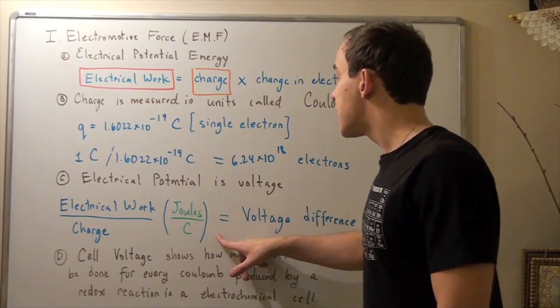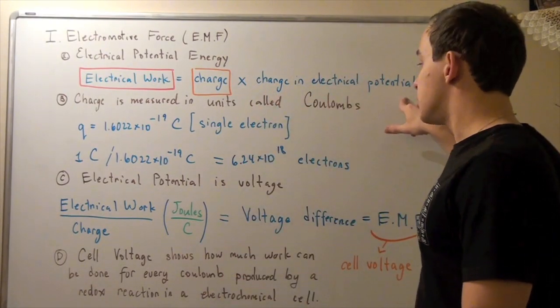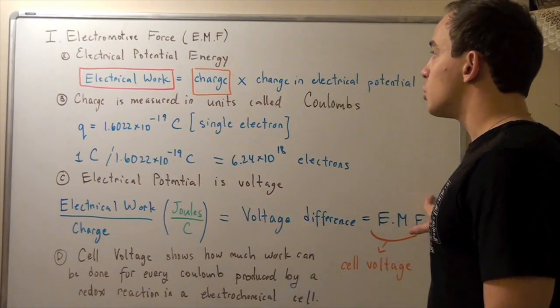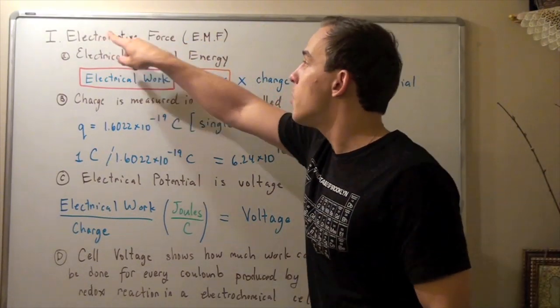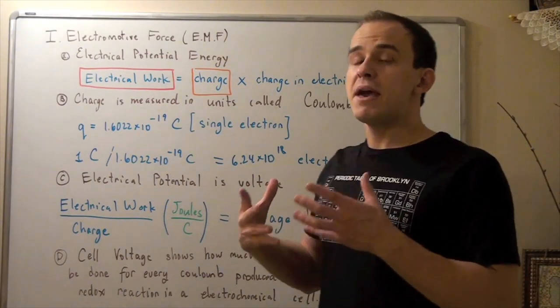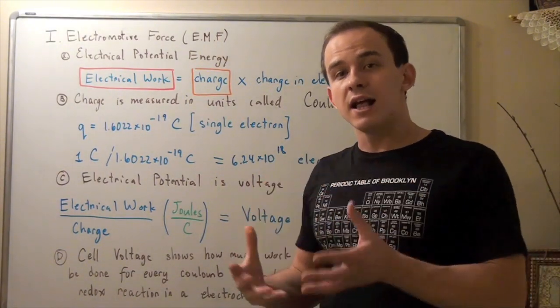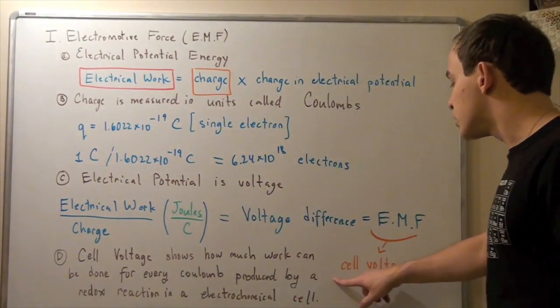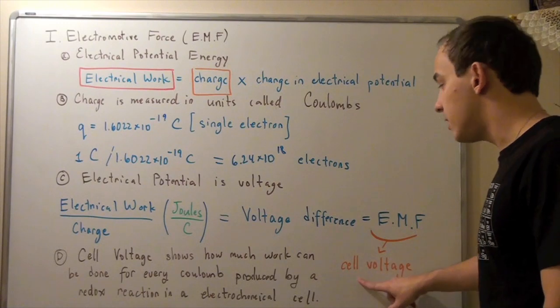And this equals our change in electrical potential, which is also the voltage difference, and which is also what we said before is the electromotive force, or EMF. Now whenever we talk about the EMF of an electrochemical cell, we could also call our EMF the cell voltage, because we're talking about an electrochemical cell.